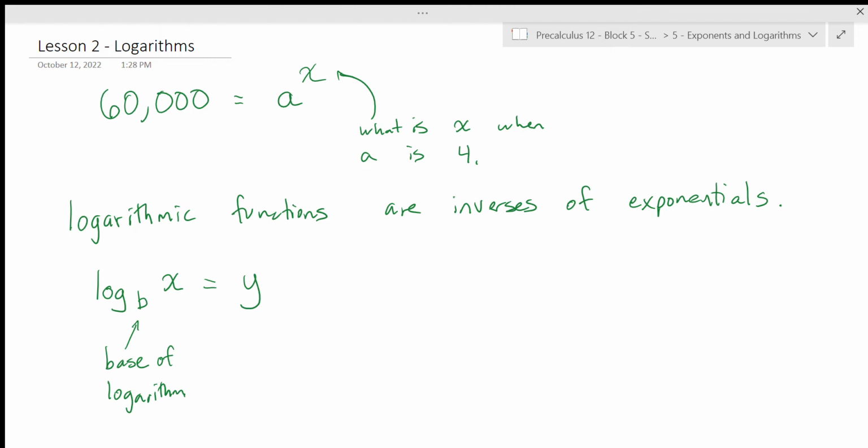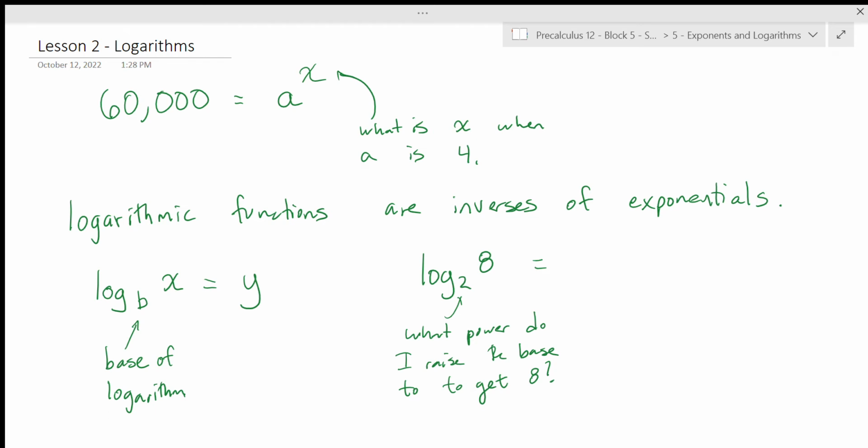So log is short for logarithm. So we would say, for example, log base 2 of 8. What that's asking is, what power do I have to raise the base to in order to get 8? Okay, so that's what this logarithm question is asking.